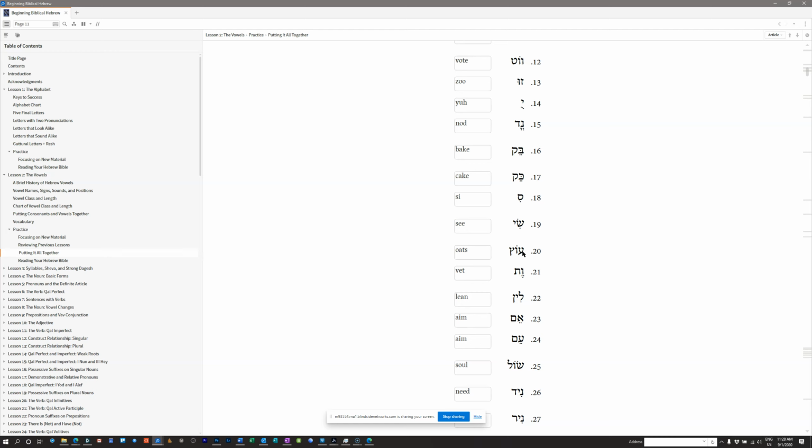I'll talk a little bit, because I got a question about this, about the difference between the ayin and the aleph. They do sound different in Hebrew. Again, the sound is hard to pick up at all in English, so English speakers certainly are going to have a hard time differentiating between the two, but they do technically have different sounds in Hebrew. So let's come back to that when I get down to the aleph.